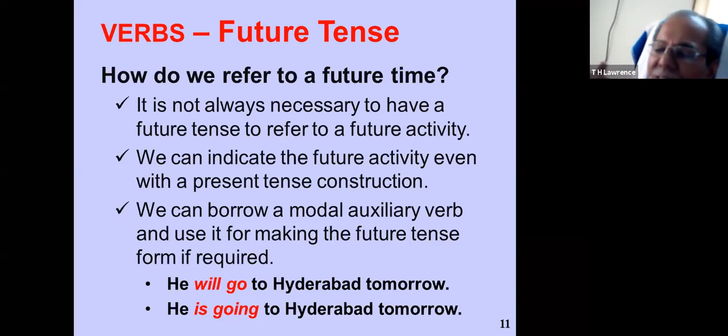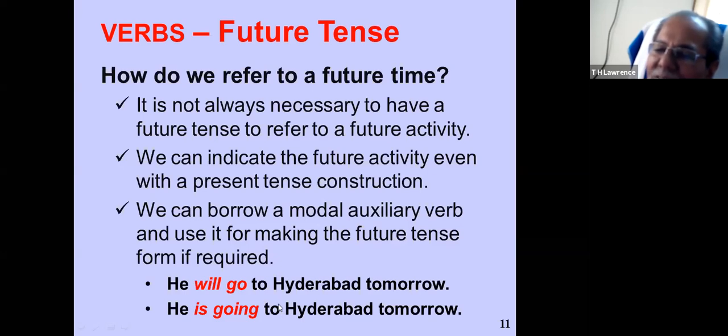Now, when you agree with me, as far as these two examples are concerned, you should also know that in the first case, what we have used is a future tense form, the verb go, with a modal, whereas in the second, we have used a present progressive form of the verb go, that is going. Both indicate the same.